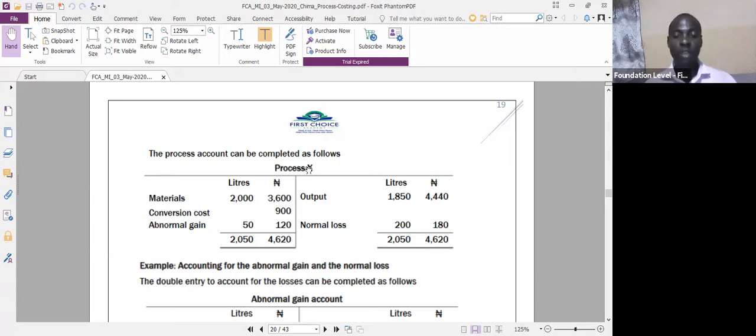So both the output and the abnormal gain are being valued at the same amount per unit. The normal loss scrap value was given, and so the normal loss has been taken care of when we are calculating the cost per unit of each product.